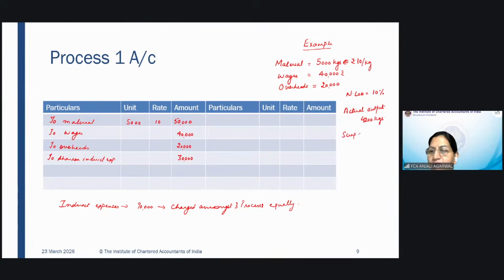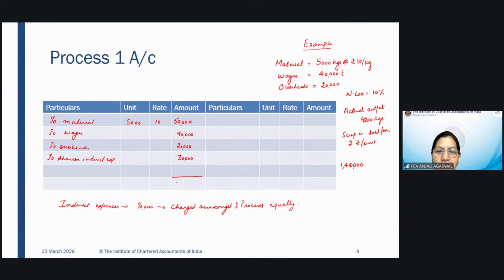Scrap is sold for 2 rupee per unit. So let's establish our fundamental principle, total cost. Total cost comes out to be 50 plus 40, 90 plus 20, 110 plus 30, 1,40,000. So our total cost is 1,40,000.